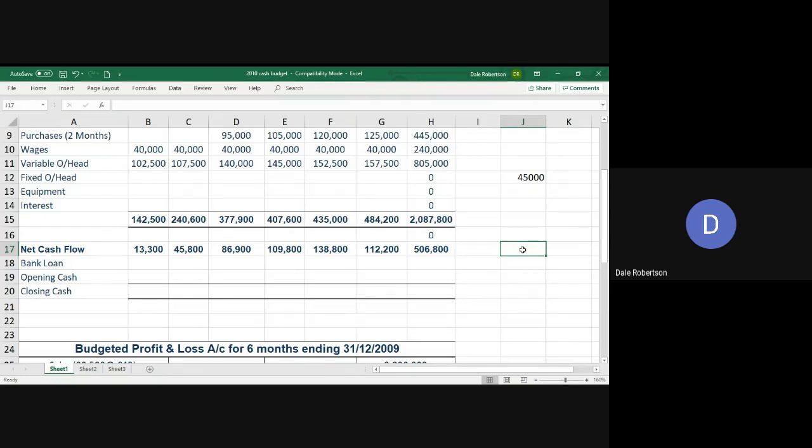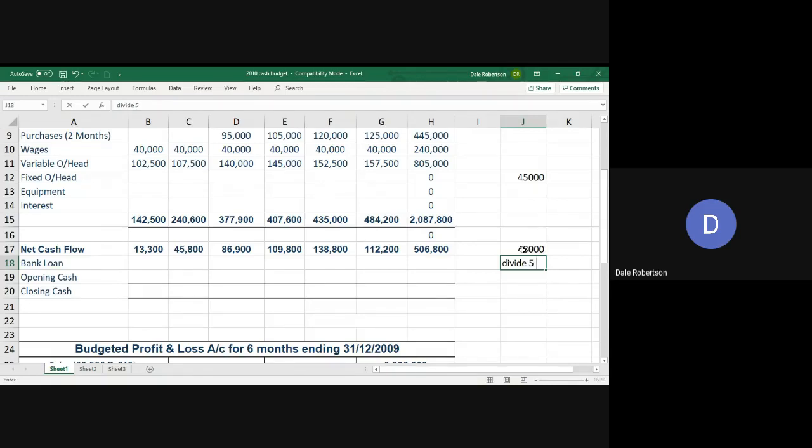Well, you need to read down to the capital costs underneath the second half of paragraph 4 in your question, where it says, equipment will be purchased in July, costing 48,000 euro, and it will have a useful life of 5 years. Well, that means at the end of the 5 years, it is useless, therefore has been fully depreciated.